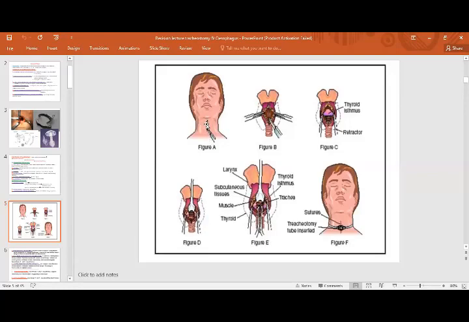There is another incision, the transverse incision, which we can give during elective procedures only, not for the emergency procedure. That scar is more cosmetically friendly and heals properly, while the vertical incision also heals, but there is some cosmetic issue. We do the vertical incision during emergency as well as elective surgery.